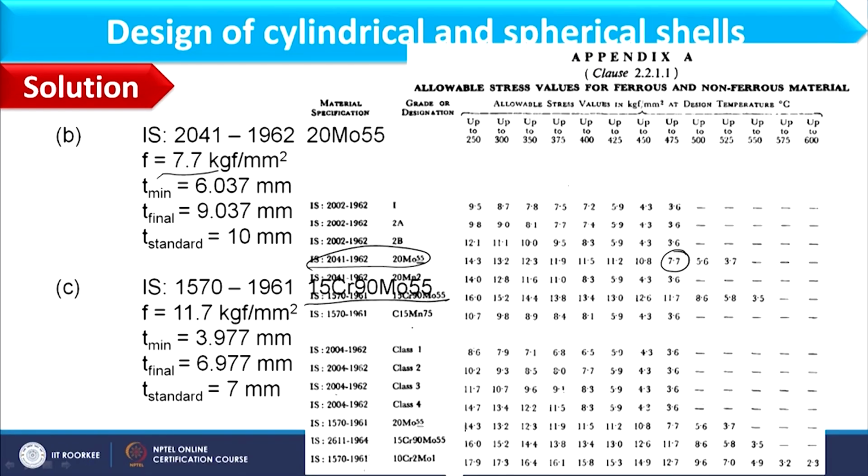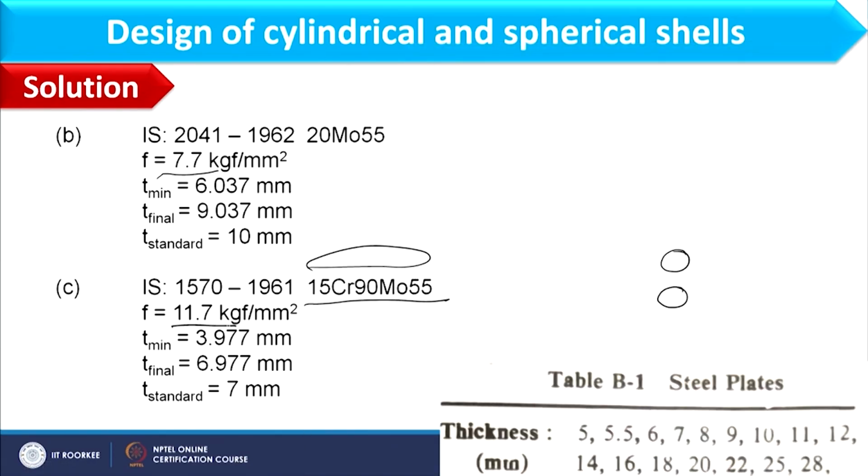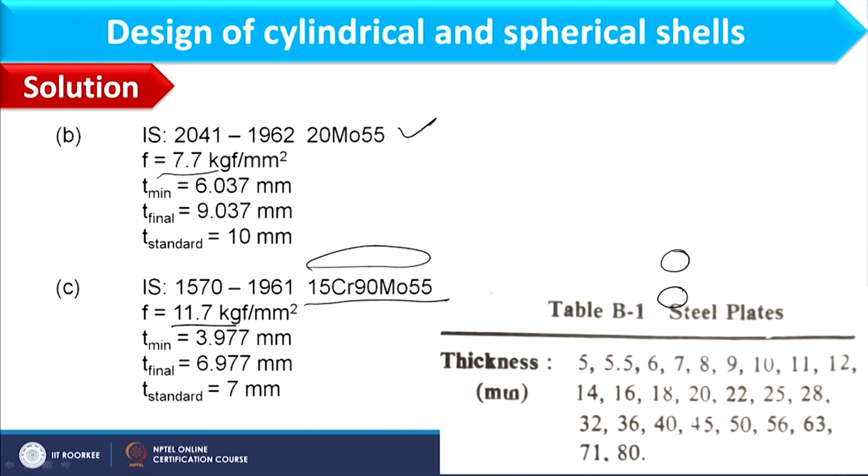So, this is the material, and corresponding allowable stress value is 11.7 at 475 degrees Celsius. So, that we have taken here like this, and then we can compute the standard thickness. For this material we have 10 mm as a standard thickness, and for this material we have 7 mm as a standard thickness.